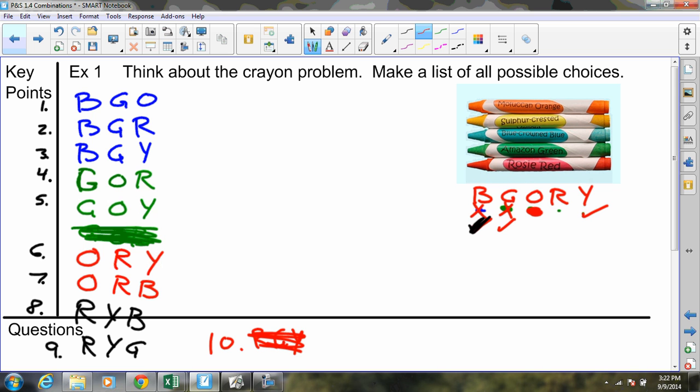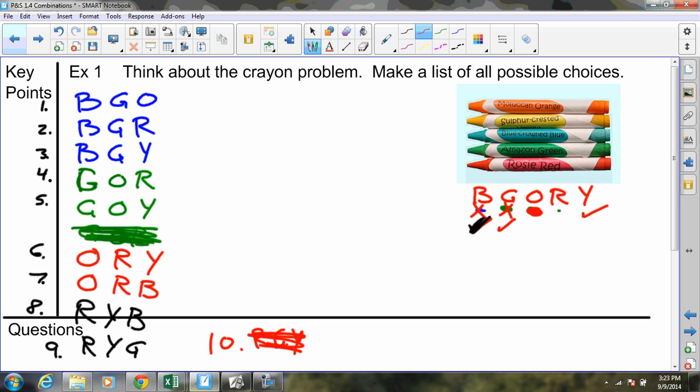That's number 6. Do we have yellow, red, green? Yellow, red, green is number 9. Yellow, green, blue. Yellow, green, blue is 3. Yellow, orange, green. That's 5. How about red, orange, blue? Do we have red, orange, blue? Yep, that's number 7.